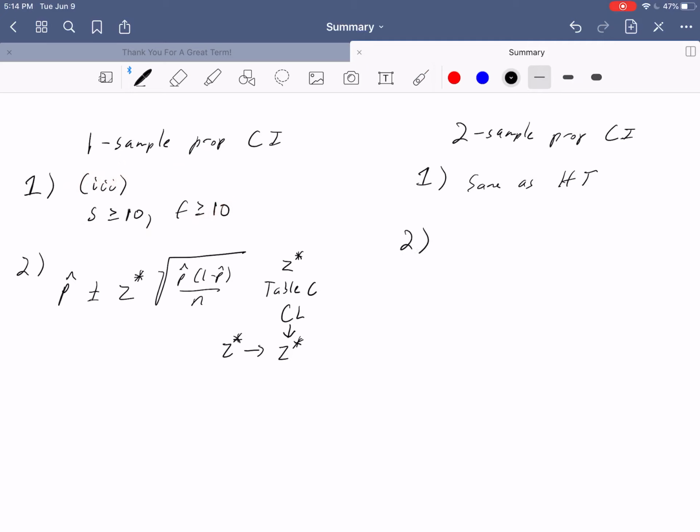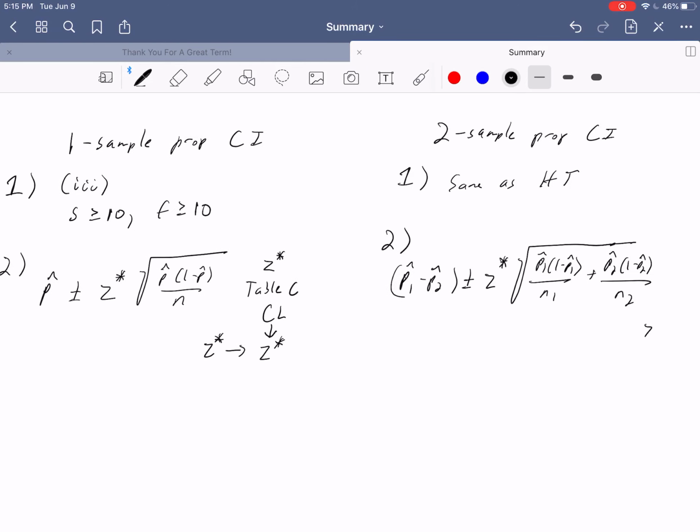The construction here is p1 hat minus p2 hat, that's your point estimate, plus or minus z star square root p1 hat 1 minus p1 hat over n1 plus p2 hat 1 minus p2 hat over n2. Again, z star, same idea. Table C, confidence level intersected with the z star row will give you that z star.